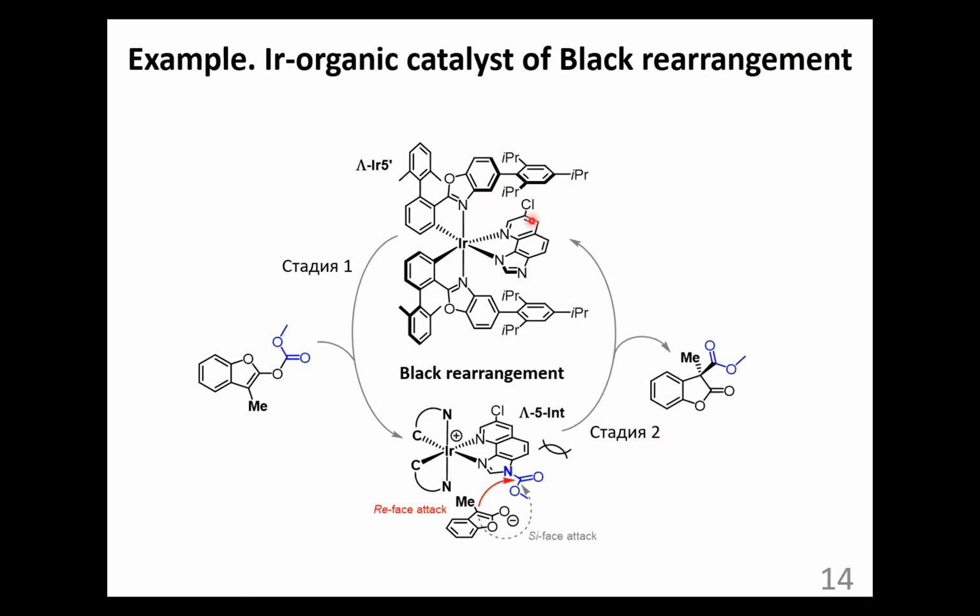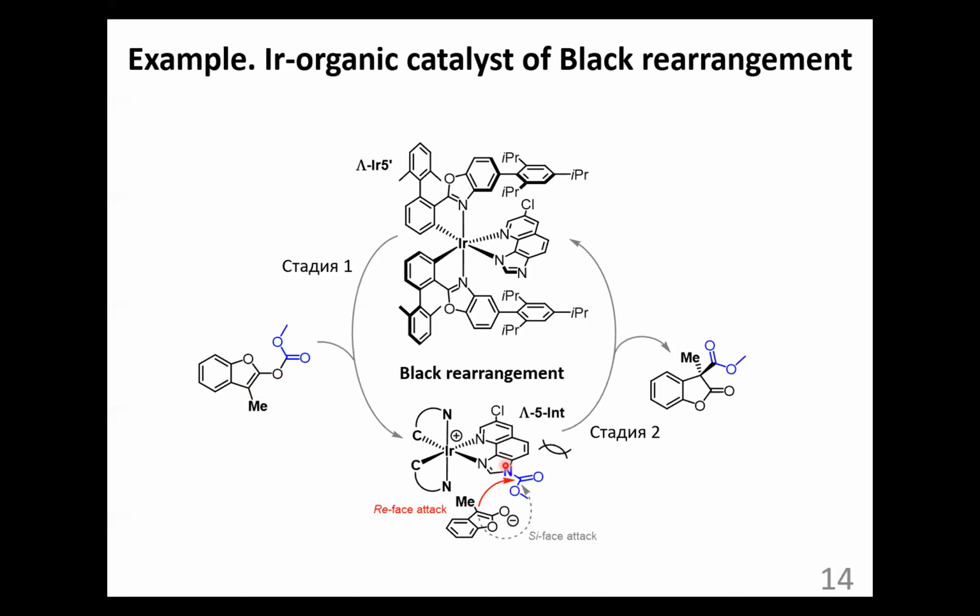So the reaction takes this large catalyst. It attacks the substrate at this carbon atom and forms this intermediate. And then the anion produced from the substrate attacks the intermediate, but not with its oxygen, but with its carbon.